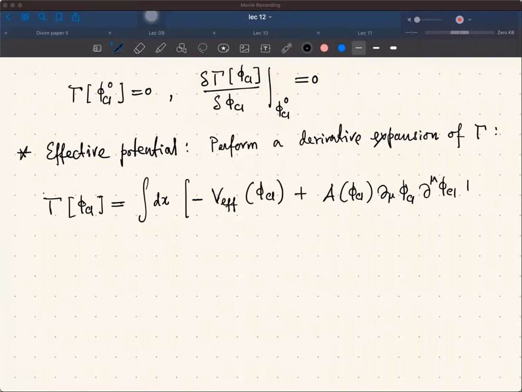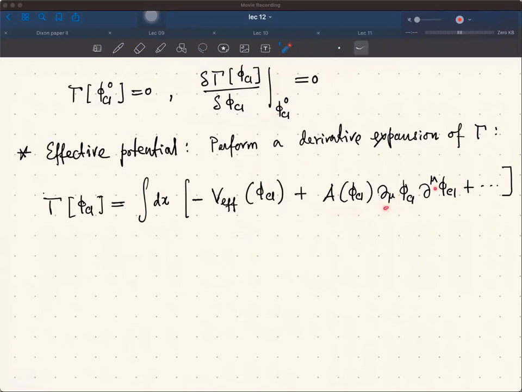Since I'm considering a Lorentz invariant vacuum, if the effective action has a one derivative term, then the one derivative will have a mu index. That mu index has to be contracted with something, and if that is a function of phi CL, then that breaks Lorentz invariance.